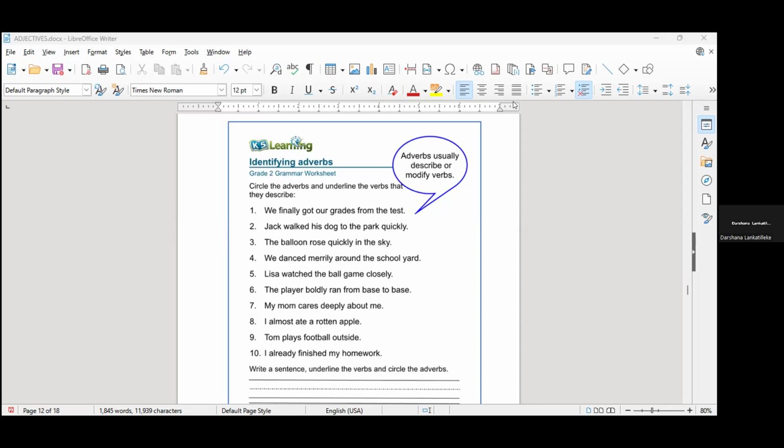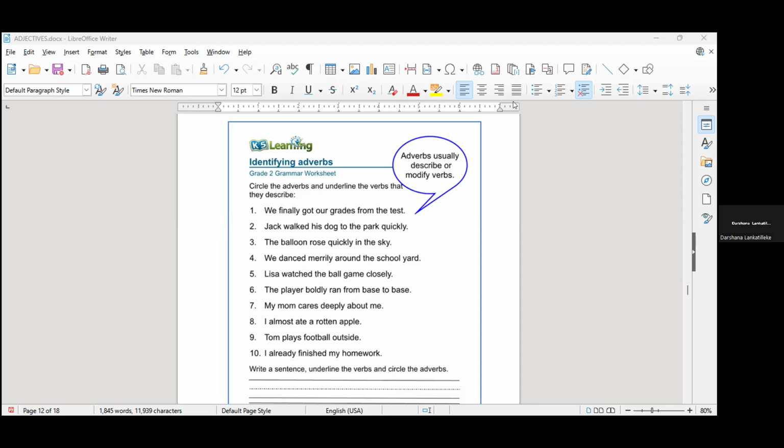Finished is the verb. Already is the adverb. Already, just like this, is a frequency adverb, right? So good. Most of you have sent your answers. All are correct, right? Yes.